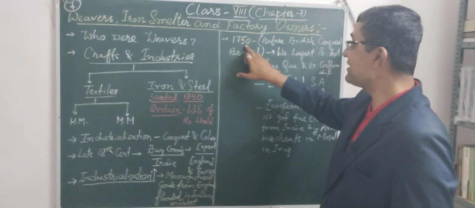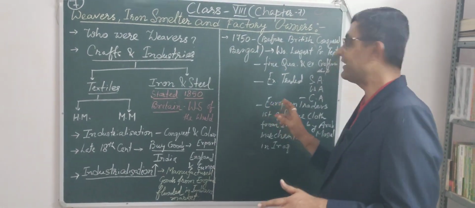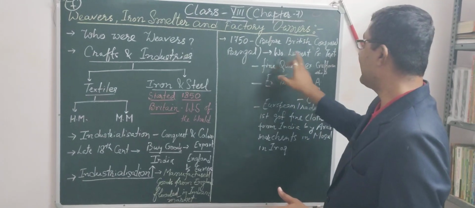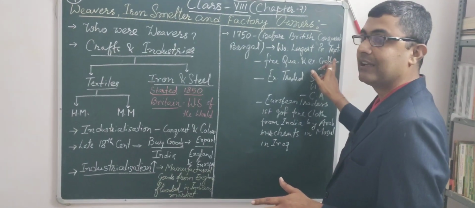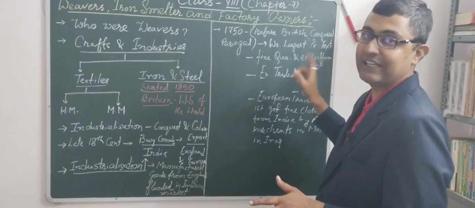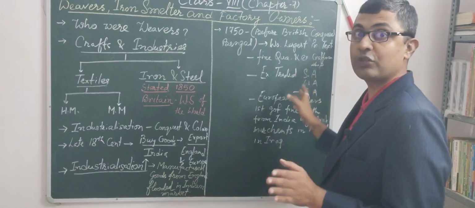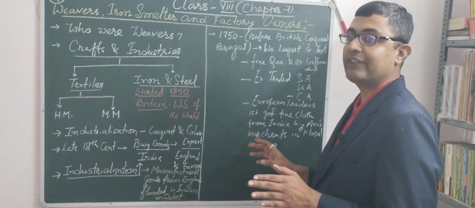Now in the 1750s, before the British conquered Bengal, India was the world's largest producer of textile cloth. Why was it famous?